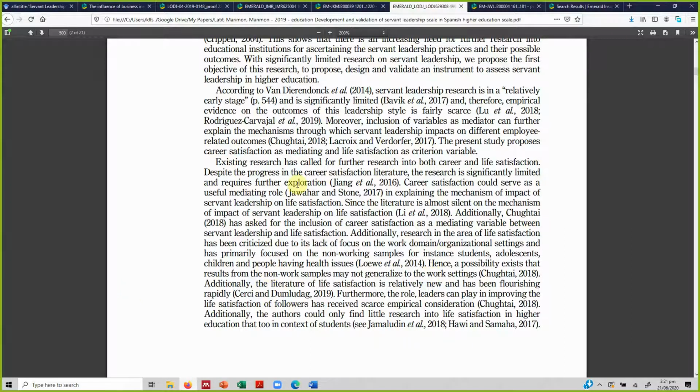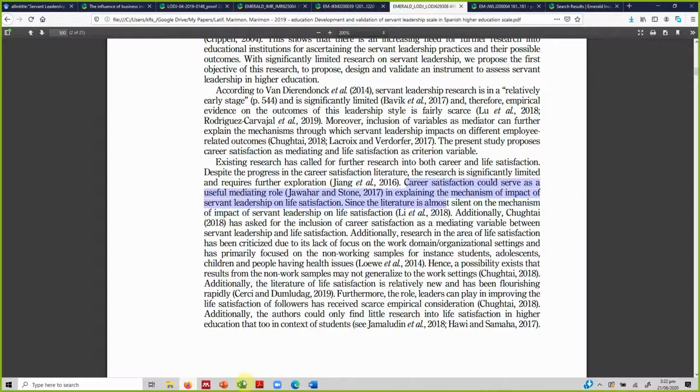let's read through this. Existing research has called for further research into both career and life satisfaction. Despite the progress in the career satisfaction literature, the research is significantly limited and requires further exploration. Now, this is the limitation of existing research. Career satisfaction could serve as a useful mediating role. So this is the gap that they have addressed.